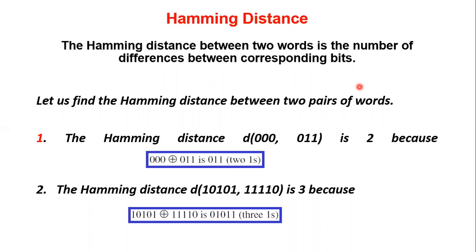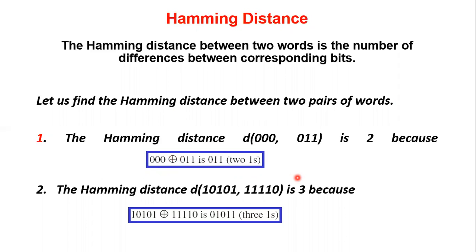The Hamming distance can be easily found if we apply the XOR operation, that is, the exclusive OR operation on two words, and count the number of ones in the result. The Hamming distance is a value which is greater than 0.